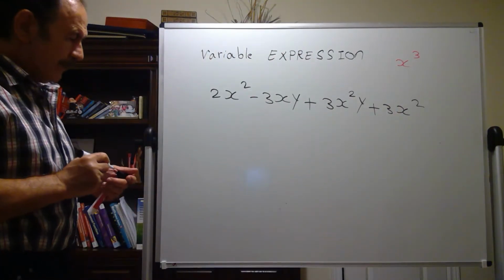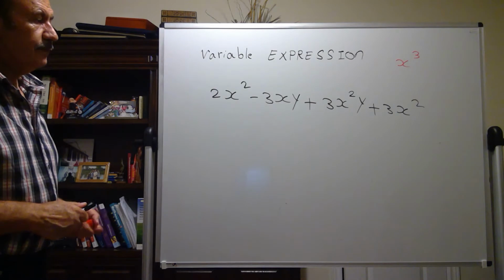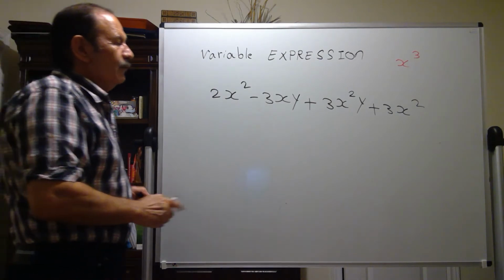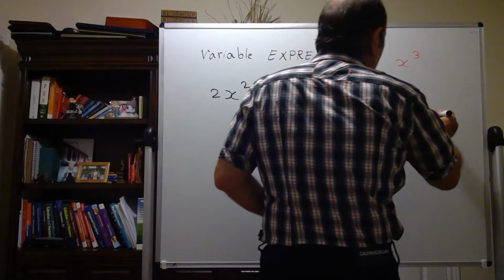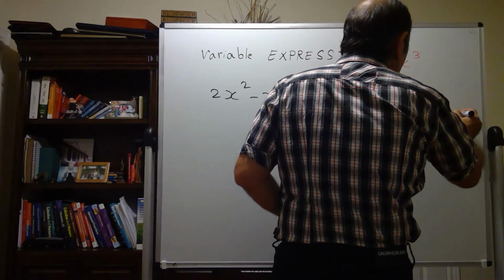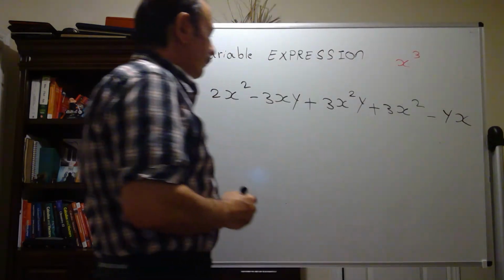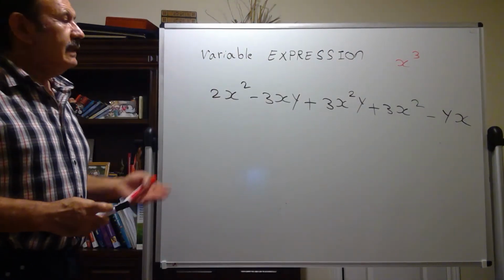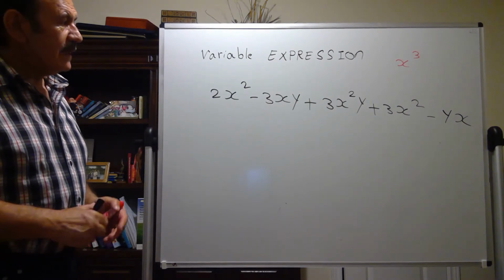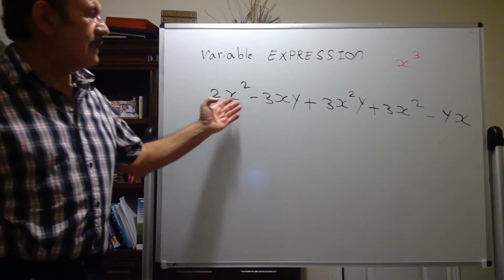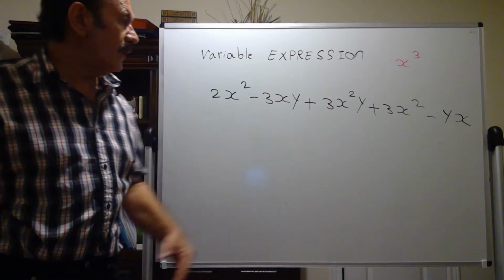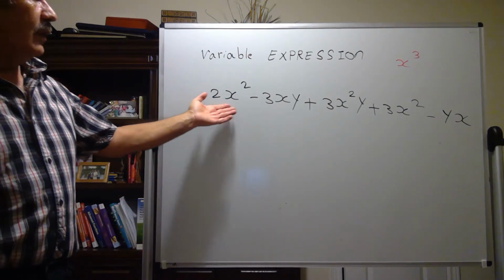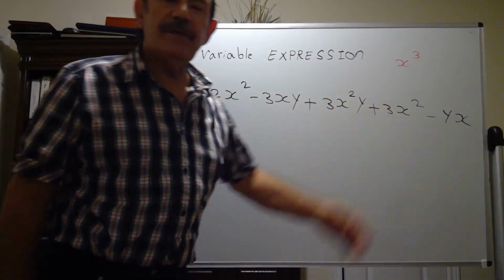Let's do this one. Okay, let me add one more term, minus yx. So this is a variable expression. The variables are x and y. The terms are 1, 2, 3, 4, 5 terms.